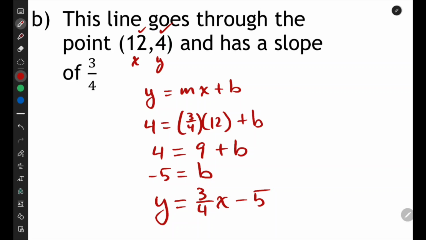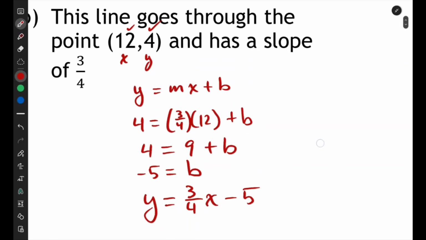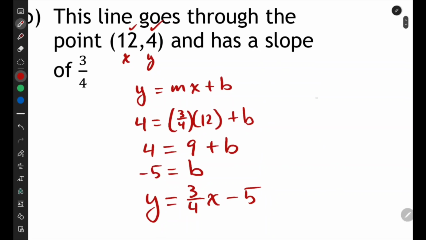If I plug the number 12 into that equation, I should get the answer of 4. 3/4 times 12, I just did that, that's 9. And 9 minus 5 is 4. So I can see that 12 does produce the correct output value. Let's go to part C.